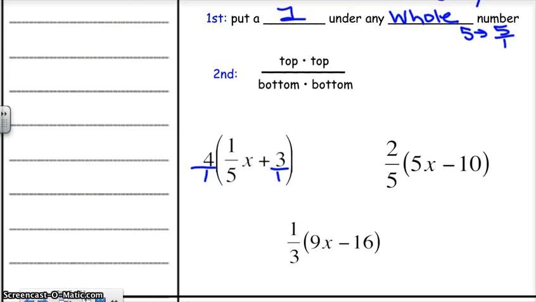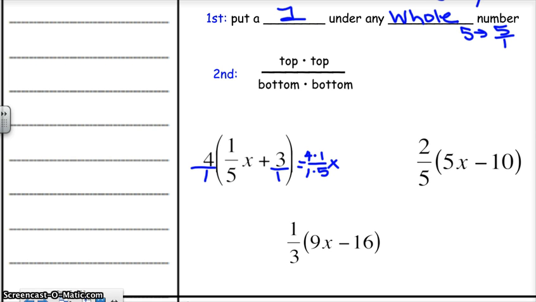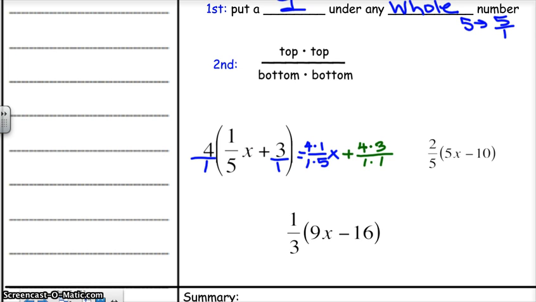So now I'm going to go top times top over bottom times bottom, and then the x is on the outside, plus top times top over bottom times bottom. That's all I'm doing. Okay? This turns into 4 over 5x plus 12 over 1, which is just 12. Done.